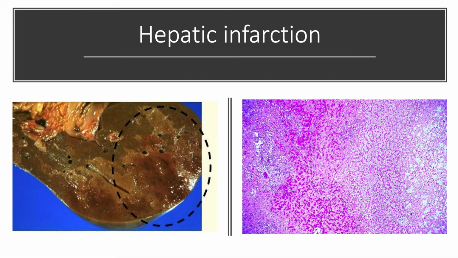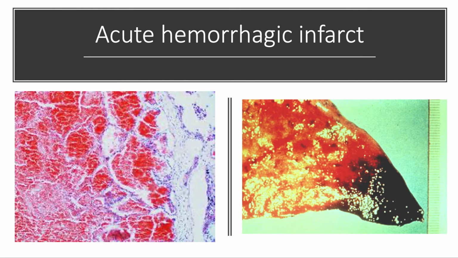Infarcts resulting from arterial occlusion in organs without a dual circulation typically become progressively paler and sharply defined with time. Hemorrhagic infarcts are the rule in the lung and other spongy organs.